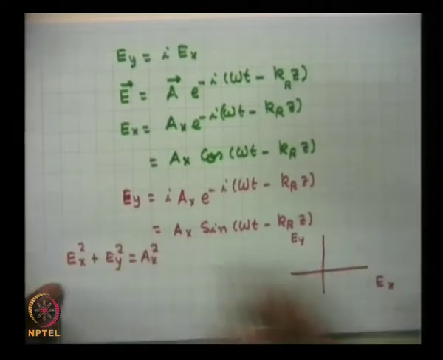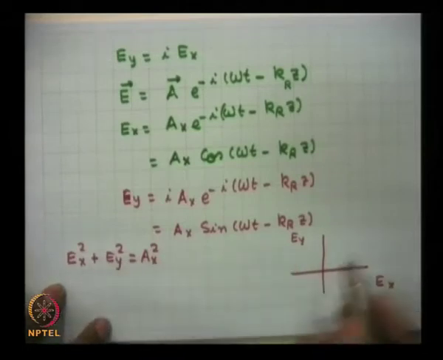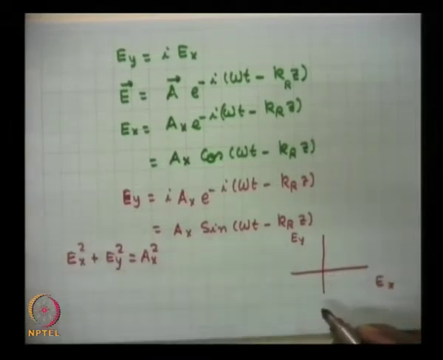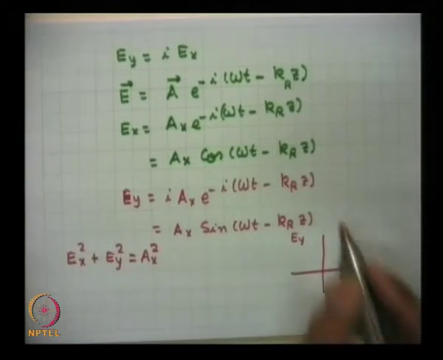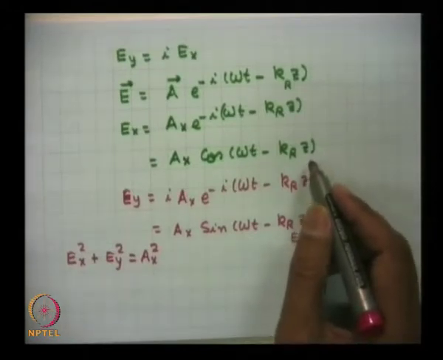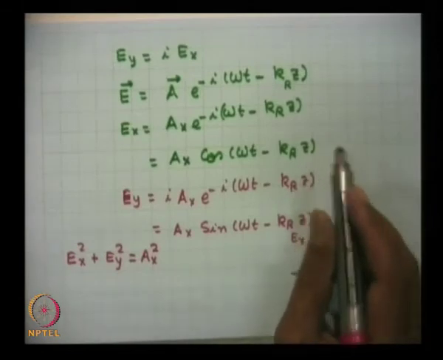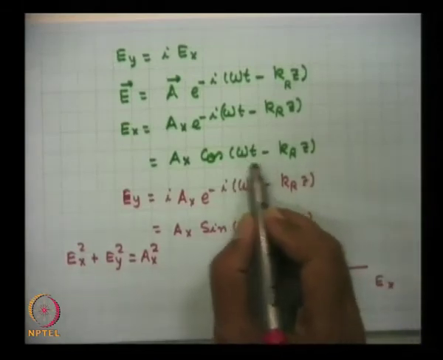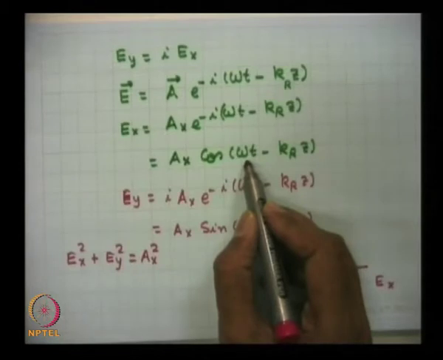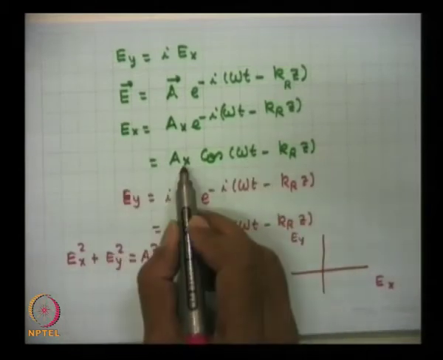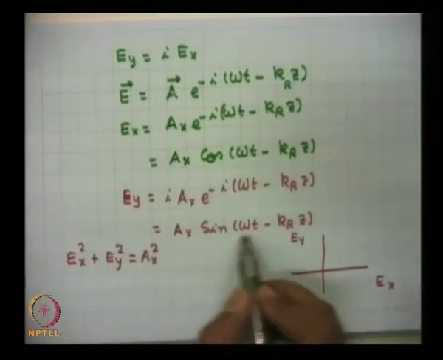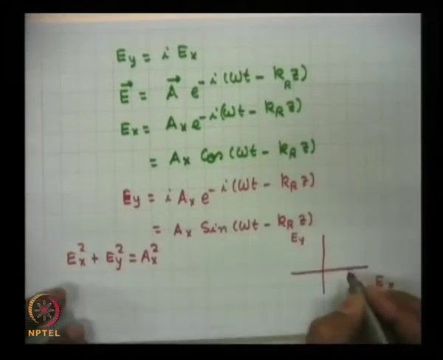And on this plane, this may be the equation of a circle. But what kind of circle? Suppose I choose, without any loss of generality, z equal to 0. So at an instant when this quantity is 0, then Ex will be equal to Ax and Ey will be 0, because sine of argument 0 is 0. So your field will be somewhere here.